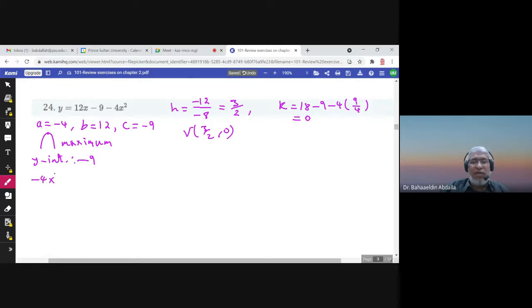So I have negative 4x squared plus 12x minus 9 is 0. Now let me multiply the equation by negative 1. So the coefficient of x squared would be positive. If you multiply by negative 1, you change all the signs.